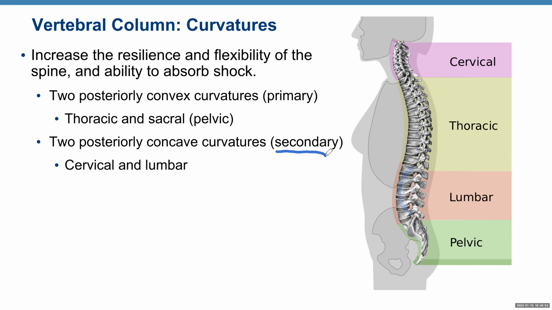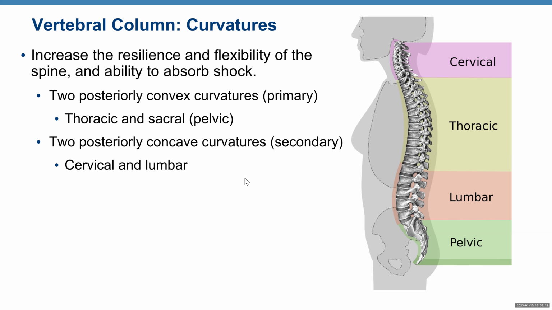They are secondary curvatures because you develop them after birth. You develop cervical first, when babies start lifting the head. And when the baby starts standing up and walking, he develops lumbar, the secondary curvature.